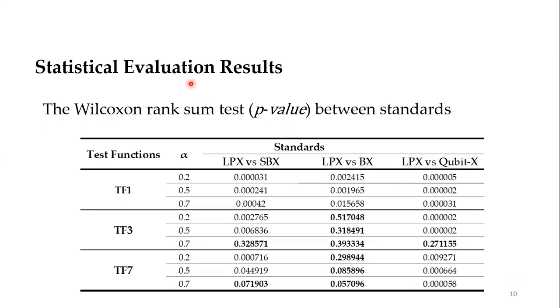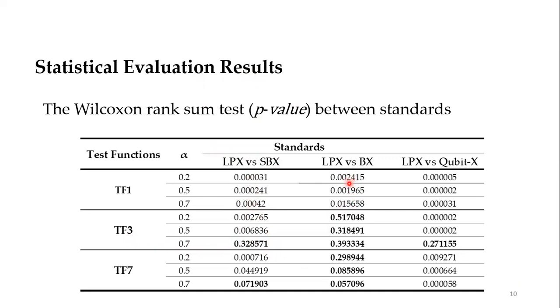Now, for statistical evaluation, again, we found the p-value for LPX versus SPX. Here, for TF3 0.7, LPX didn't perform well, while in the rest it performed well because it is less than 0.05.